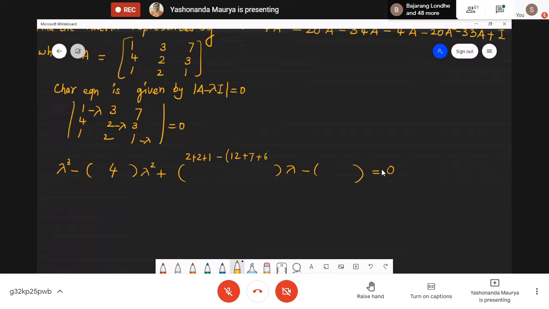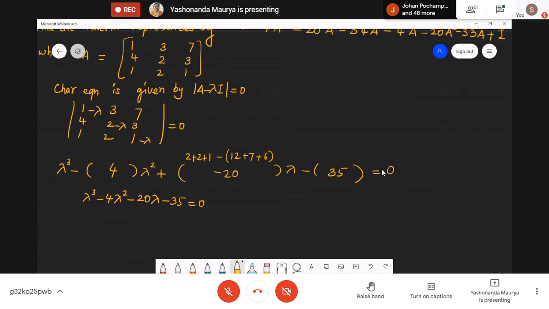So this is 5 minus 25, minus 20. So we get minus 20. And the constant is 35. So we got the characteristic equation: lambda cube minus 4 lambda square minus 20 lambda minus 35 equal to 0.